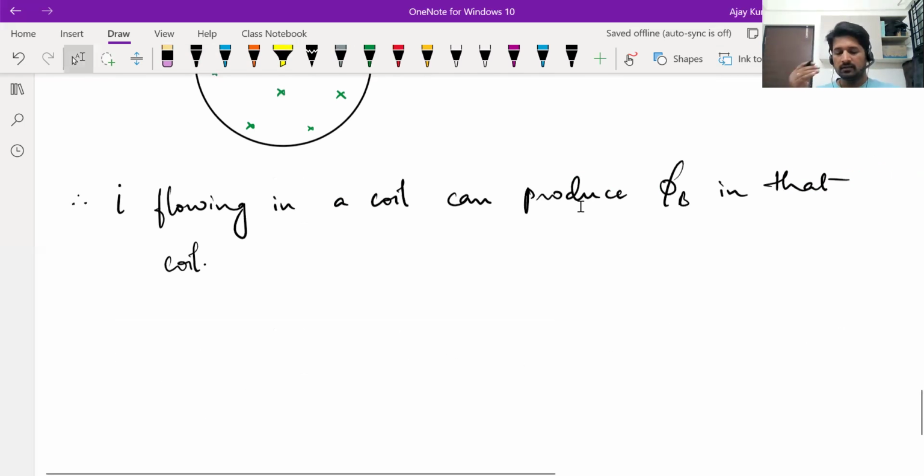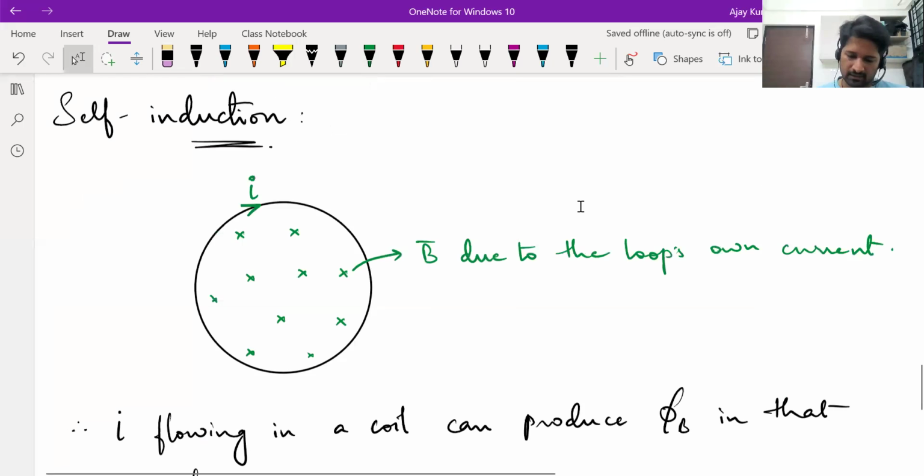The ratio of current in a coil to the magnetic flux produced in that coil is what we call self-induction, denoted by the symbol L.